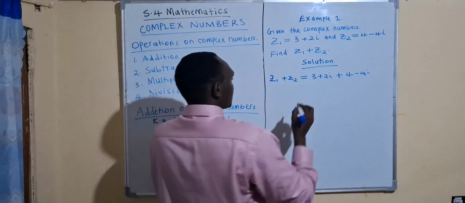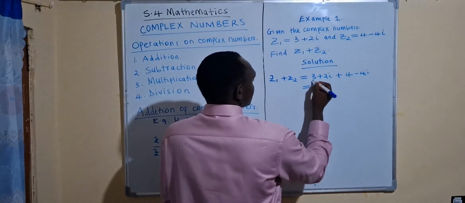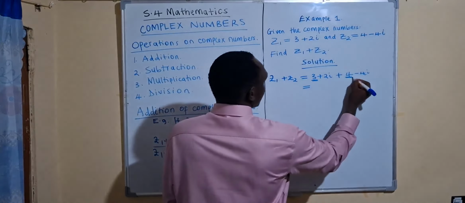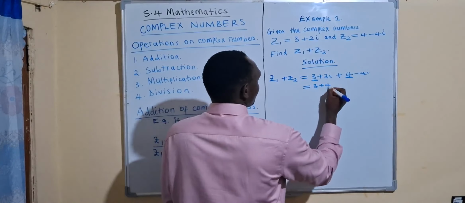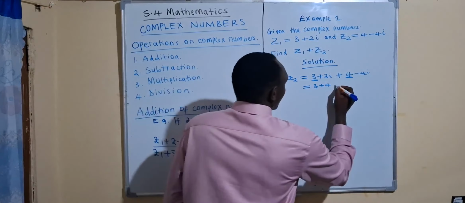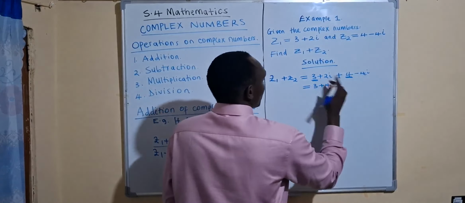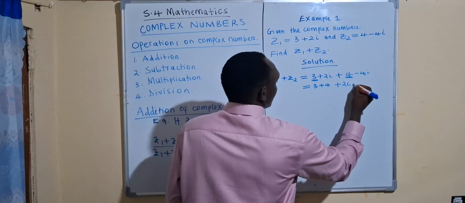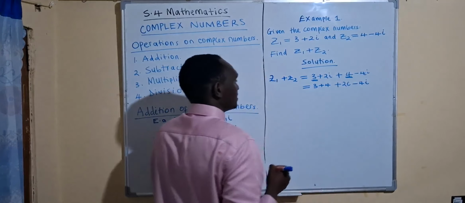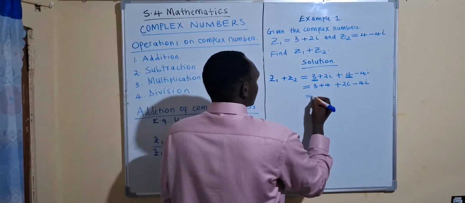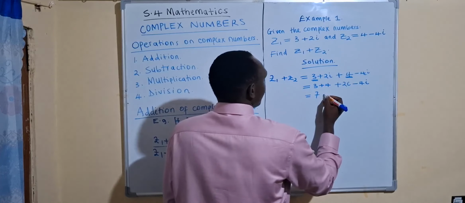Let us collect the right terms, that is the real parts together and the imaginary parts together. This here gives us 3 plus 4 on the real parts, but we are adding 2i because it is positive, and we are subtracting 4i because its coefficient is negative. What is 3 plus 4? 7.